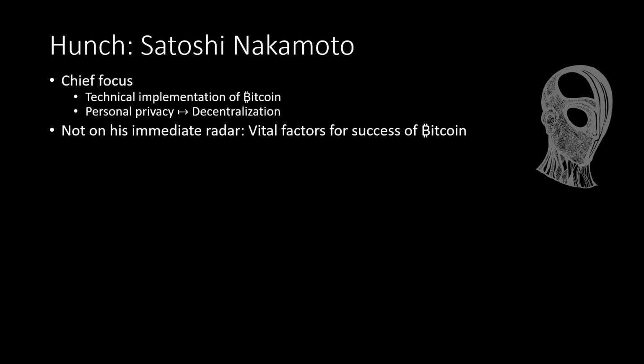What was not on his immediate radar was probably the vital factors for the success of Bitcoin that were beyond the technical scale and that I pointed out in this video.